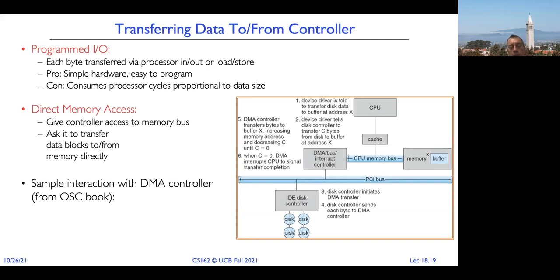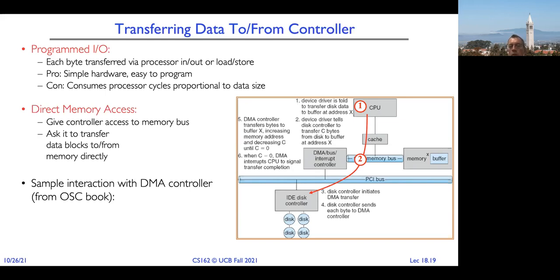And here is what happens. So you have a PCI bus and you have a memory. And here you have a disk. And I want to transfer the data from the disk to the memory, to read the data from the disk into memory. Okay? So these are the steps. The CPU, number one: the program starts, saying I want to read the data from the disk.